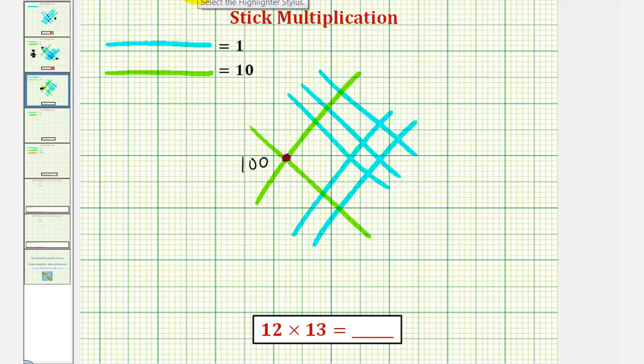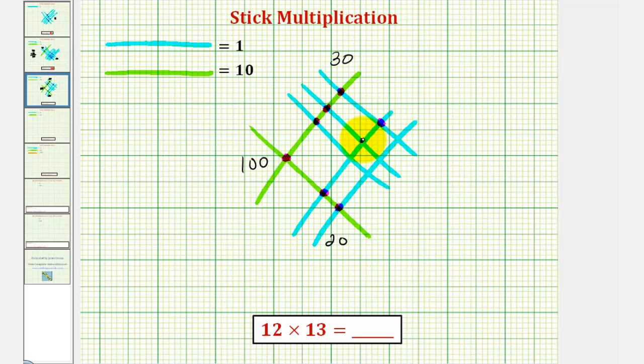Each intersection point of a blue and a green represents 1 times 10 or 10. So here we have 10, 20, 30. And here we have 10, 20. Each intersection point of 2 blues represents 1 times 1 or 1.